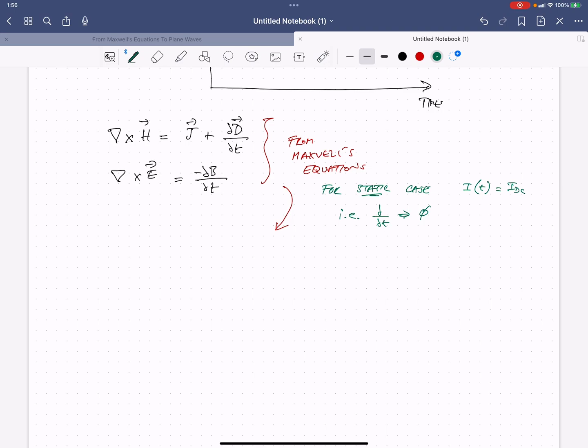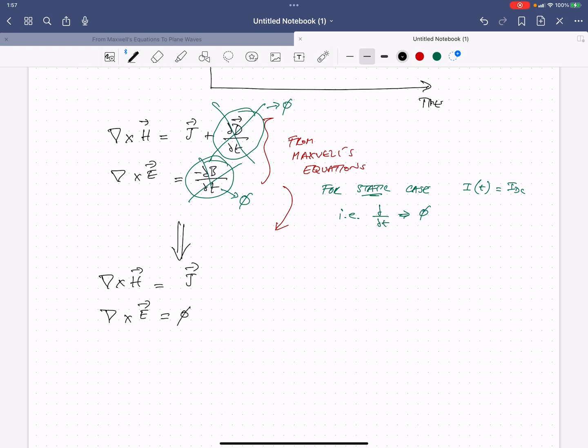In other words, this change with time here, because nothing is changing with time, goes to zero, and this also shouldn't be changing with time, so that also goes to zero. So those two go to zero, and what we're left with is del cross H is equal to just the current density, and del cross E is just equal to zero.